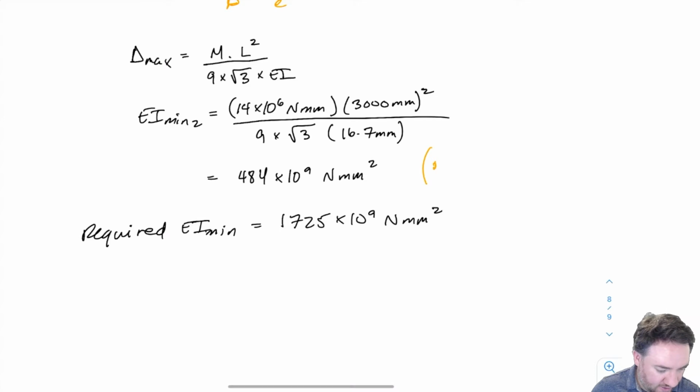If both of those were in the same direction, then obviously I would need to add those EIs together. But here, since they're in opposite directions, if they were in the same direction and for the same load combination, then I would add them together. But as we saw, there is only one load combination that provides bending in this direction.